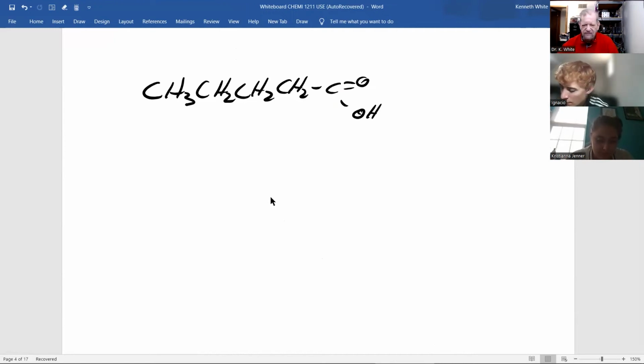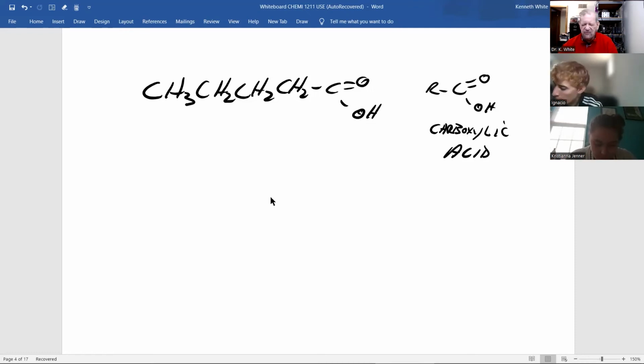What's different? We've got a carbonyl with an R group and a hydroxyl group. And remember, this material will be on test 3, not test 2.